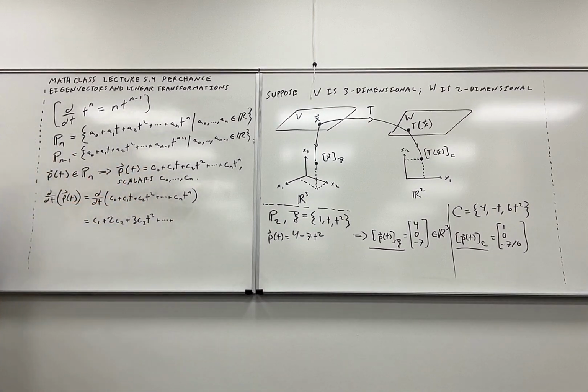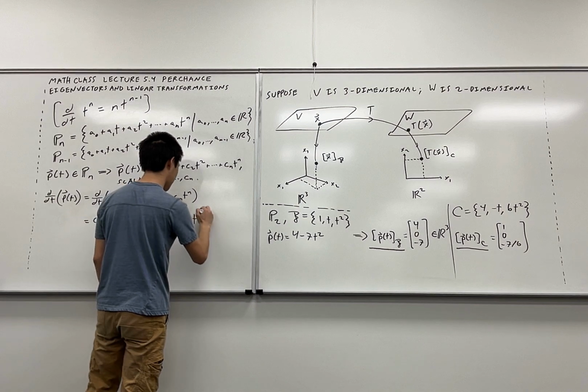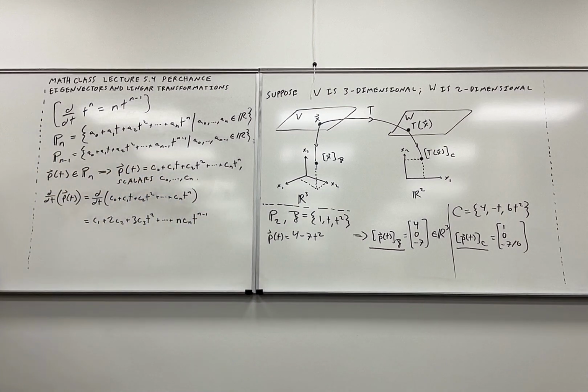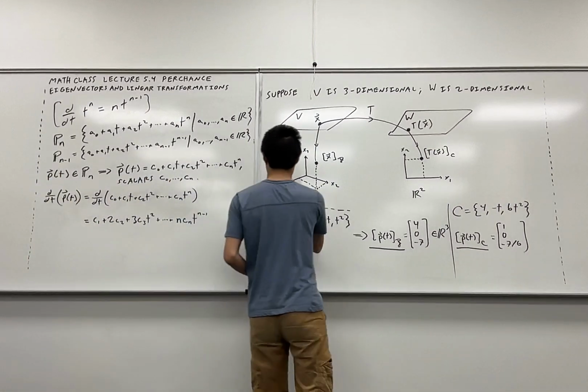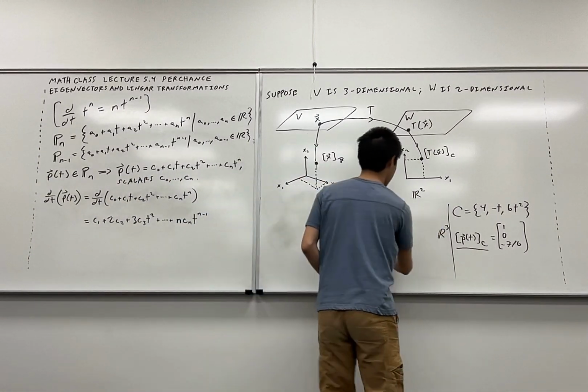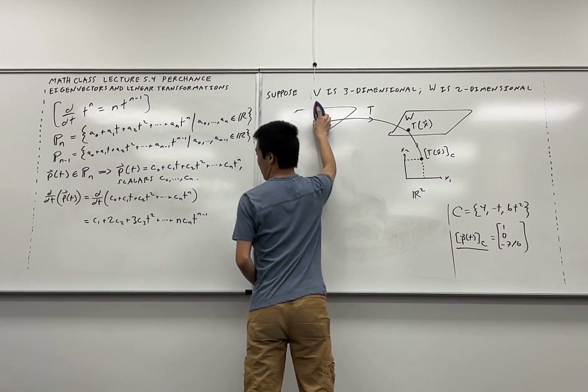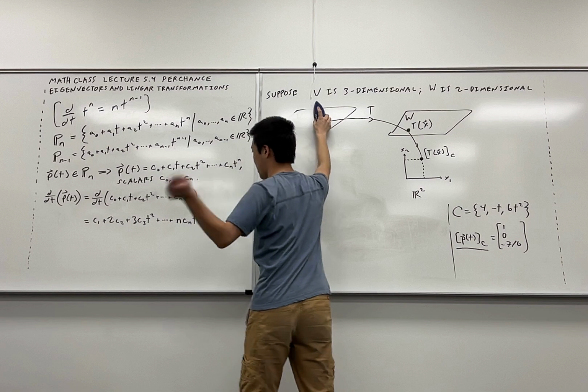What's the general term look like? n cn t to the n minus 1. Am I missing a t? 2C2t. Thank you.